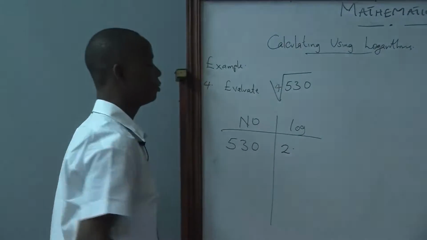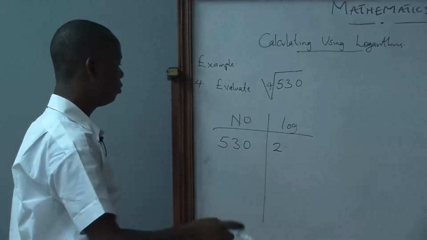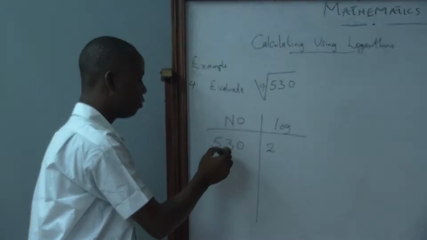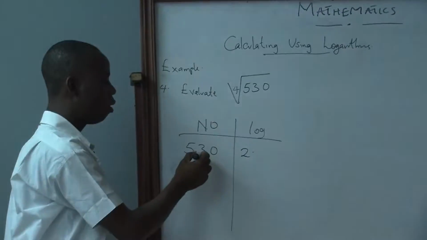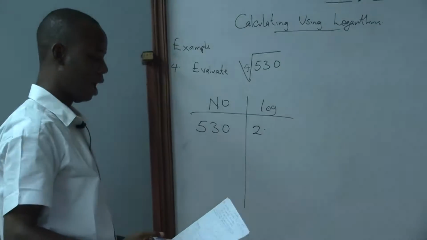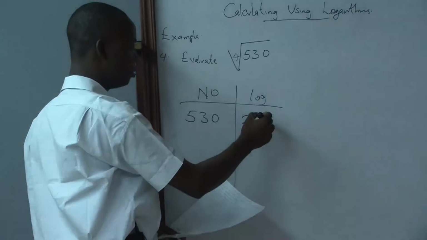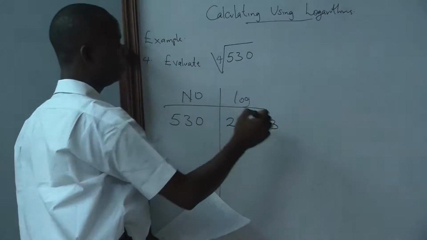2 point. 2. Then we'll move straight ahead to look out for the value we're going to have under the column of 53 and the row 0. And there we're going to have 7243.